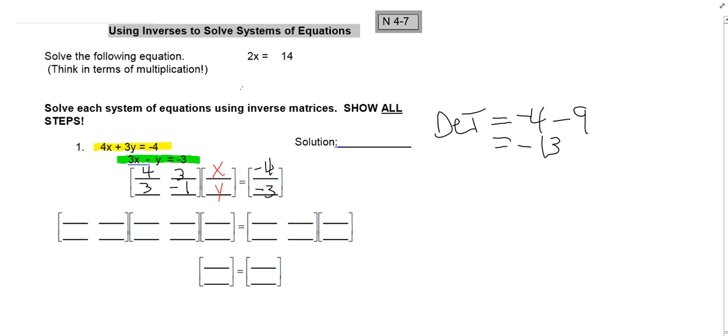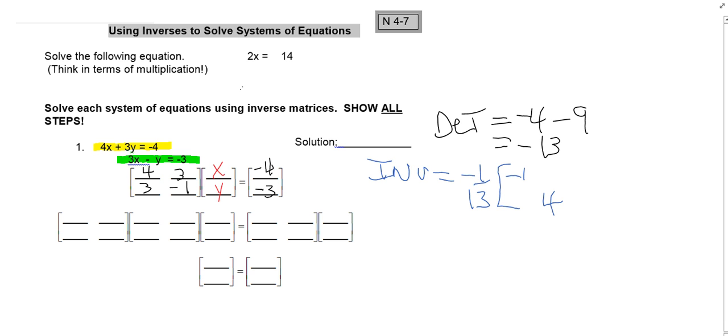And then to find the inverse, let's switch colors. So to find the inverse, we're going to simply multiply the scalar factor. And what do we do with our quantities? Well, we switch A and D, the first element and the last element, so we have a -1 and a 4.